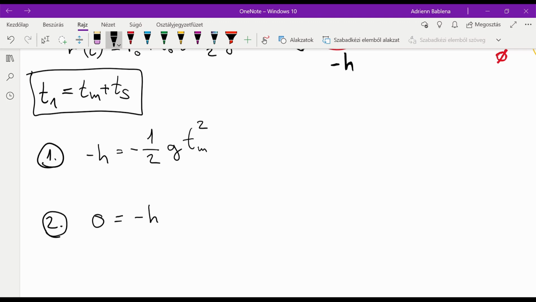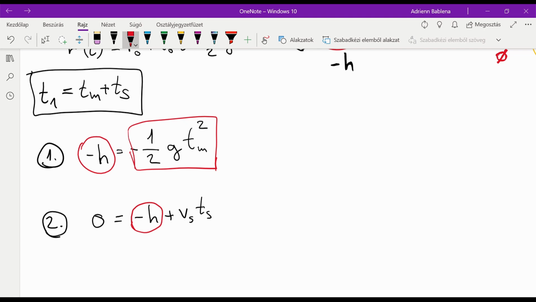So the movement started at -h coordinate plus Vs times Ts, H. Okay, so we have two equations, and we see that -h is this value, and we see -h in the other equation. So we can write the -h value, this value, into the second equation.